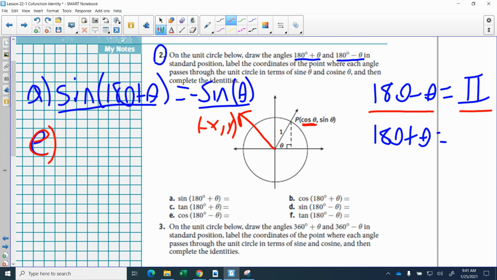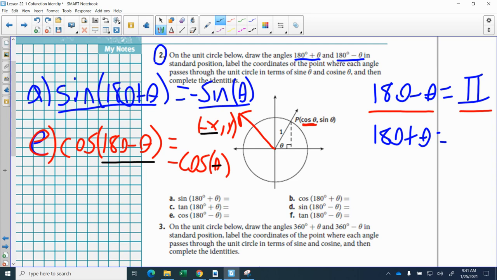Well, because of that, cosine of 180 minus theta has to be the same as negative cosine of theta, simply because if I go to this region of the coordinate plane, you have a negative x, meaning that cosine 180 minus theta has to be the same as negative cosine of theta, okay? And that's kind of the process we take with all these.